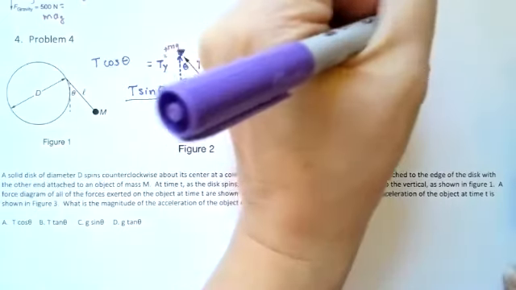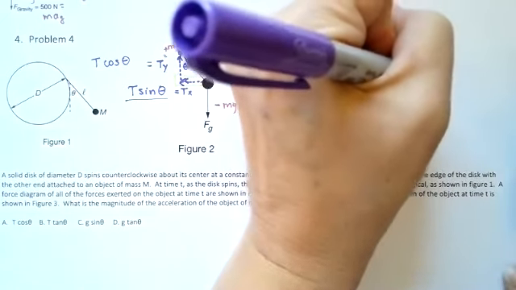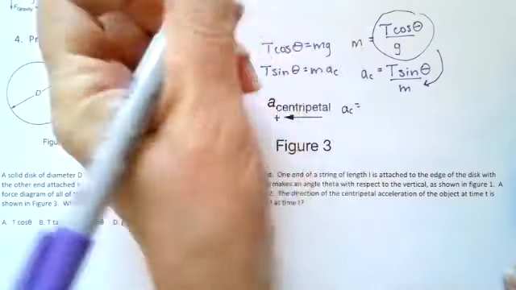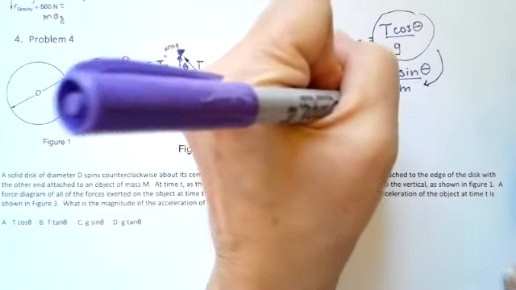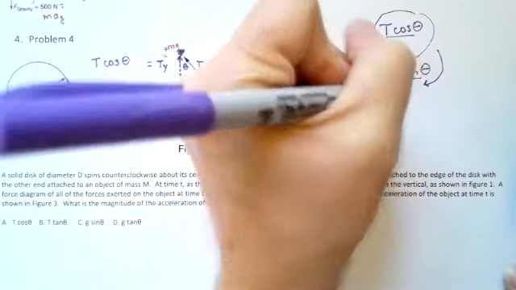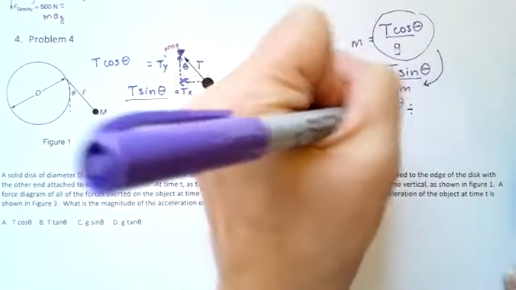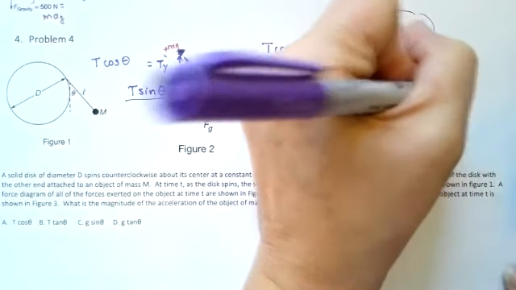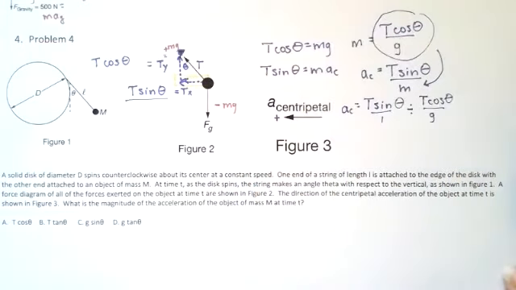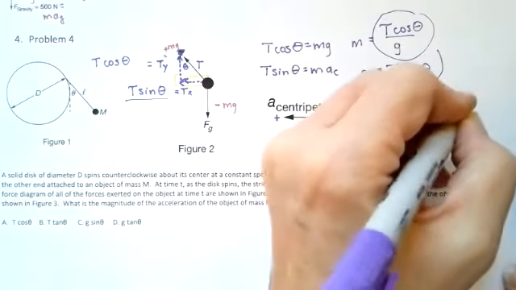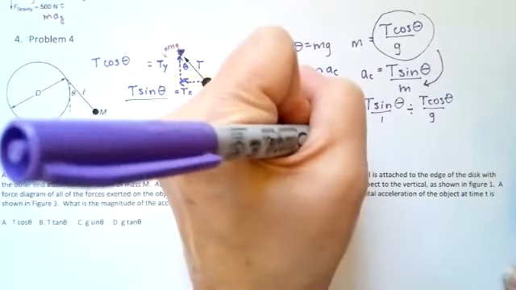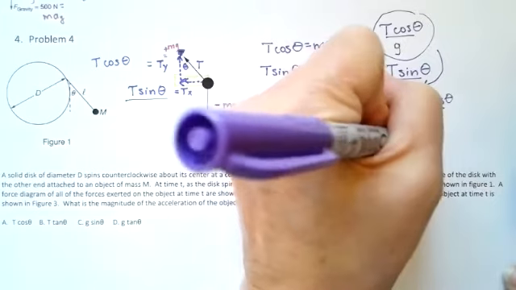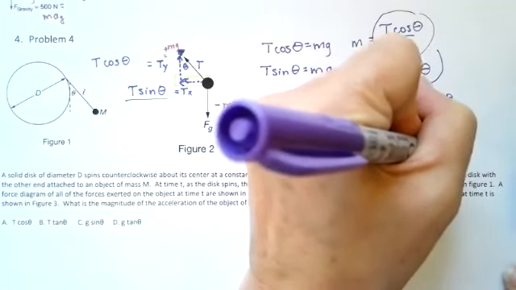All right, now I'm going to substitute this into that. So I now have that the centripetal acceleration is equal to T sine theta, divided by, I'm going to put this over 1, divided by T cosine theta over G. And remember, when I divide, I have to flip and multiply. So that's going to be AC is T sine theta over 1 times G over T cosine theta.